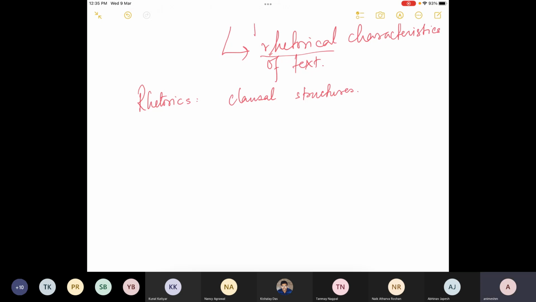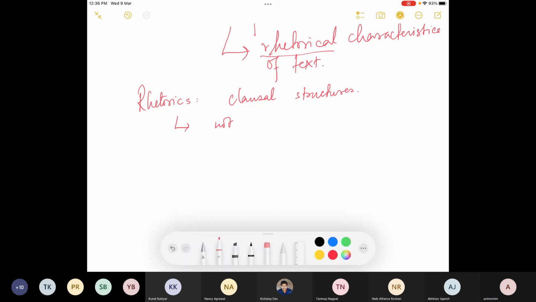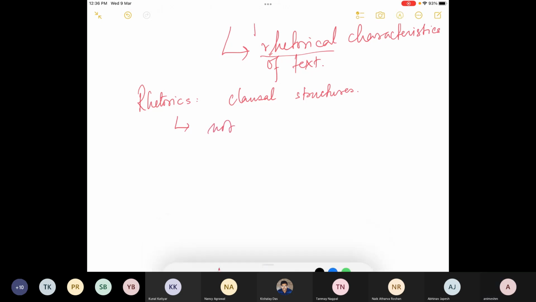The idea is that English sentences, or for that matter sentences in any other language, are not vanilla strings of text.